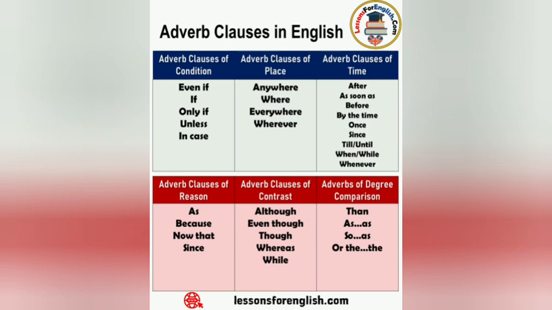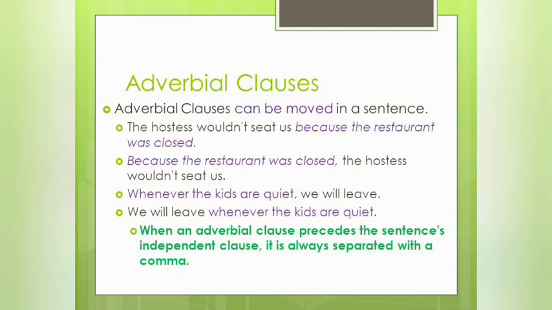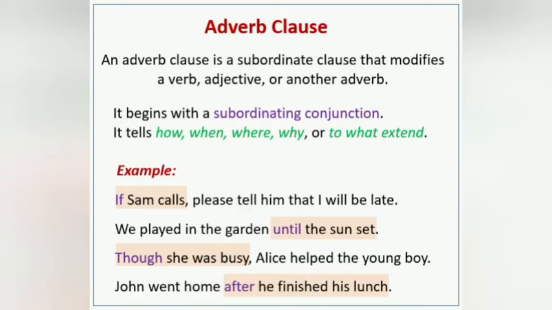Well, students, adverb clauses are introduced by when, while, before, after, since, as soon as, where, wherever, because, as, since, to show time, place and reason. And to show effect we can use so that.